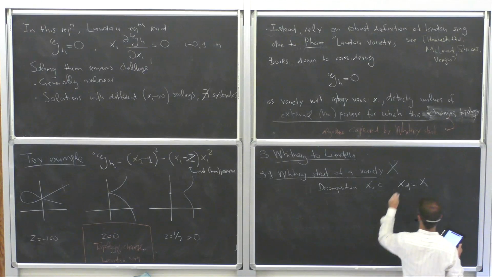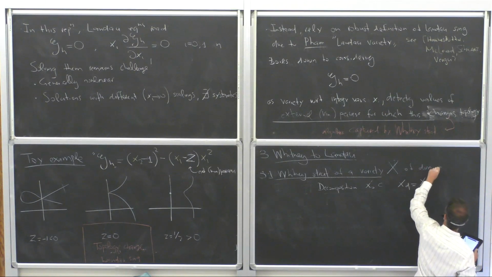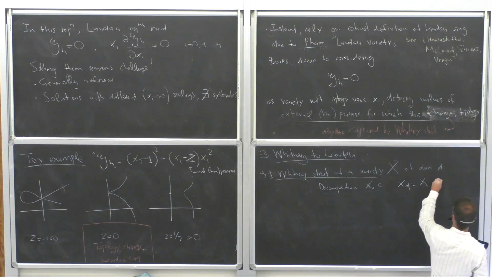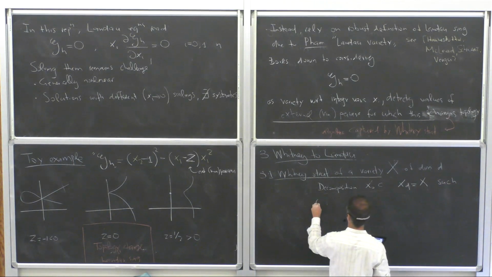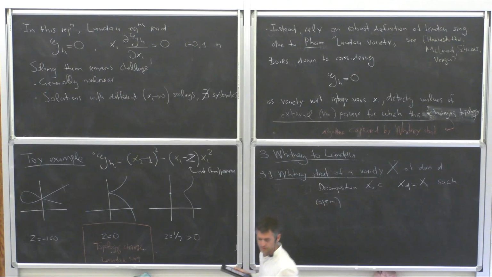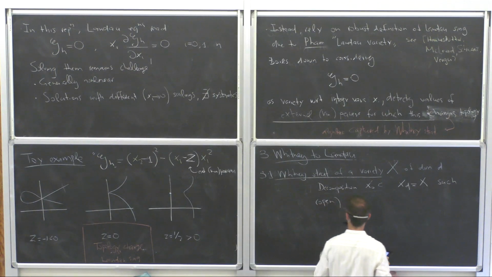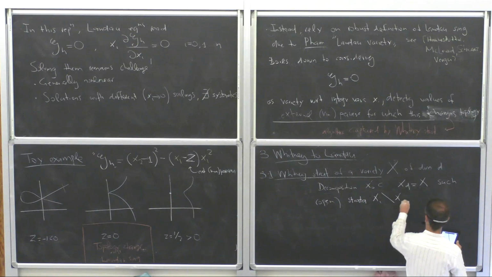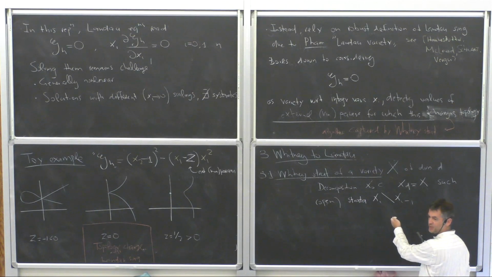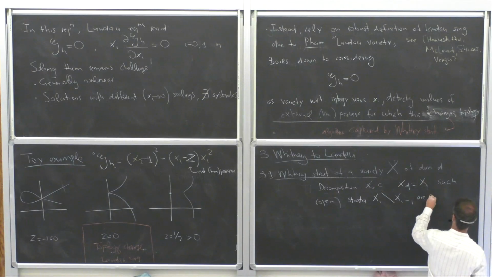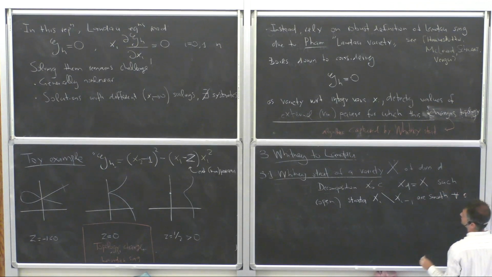Let's also, to be concrete, say it has dimension D. If you stratify it, you split it up in a way such that the open so-called strata, the points in Xi that are not contained in Xi minus 1, are smooth manifolds. So this is what a stratification is.